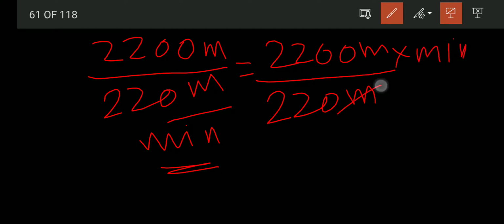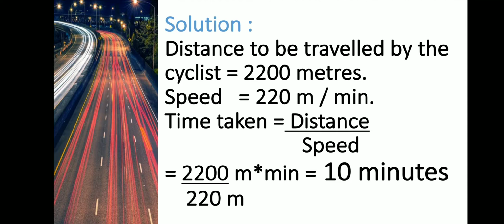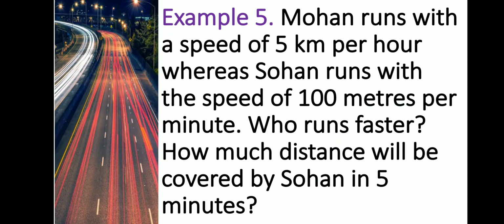So this meter gets cancelled, 0 gets cancelled, 22 tens are 220. So how much? 10 minutes. The cyclist takes 10 minutes to cover a distance of 2200 meters. So this is how this equation has come.